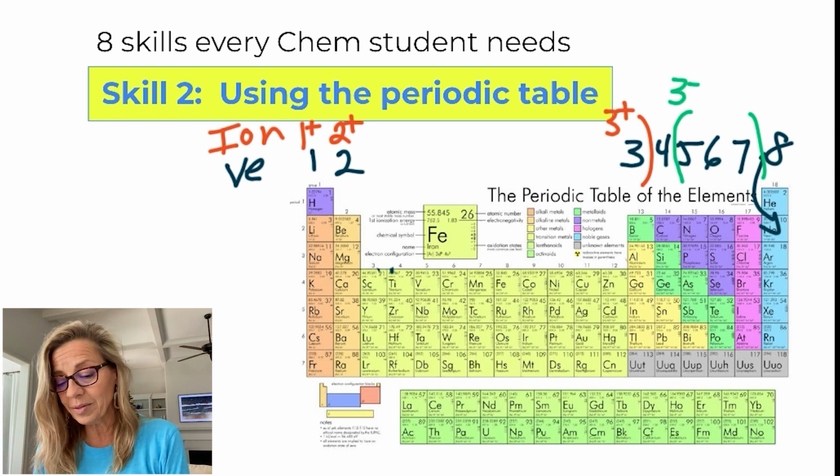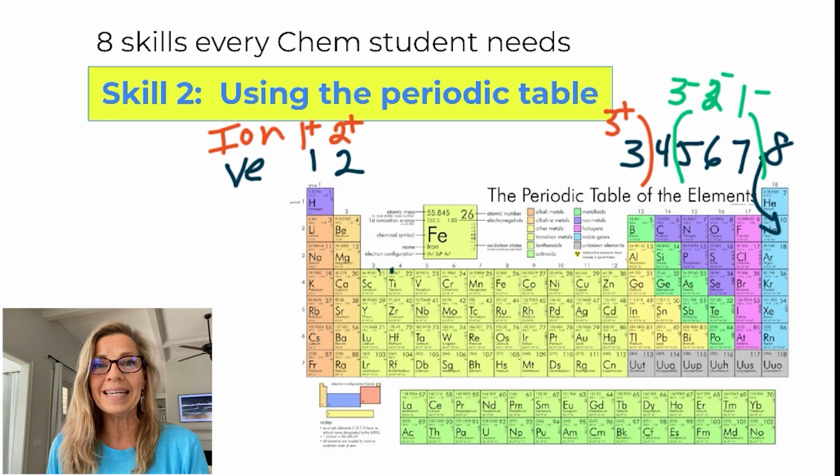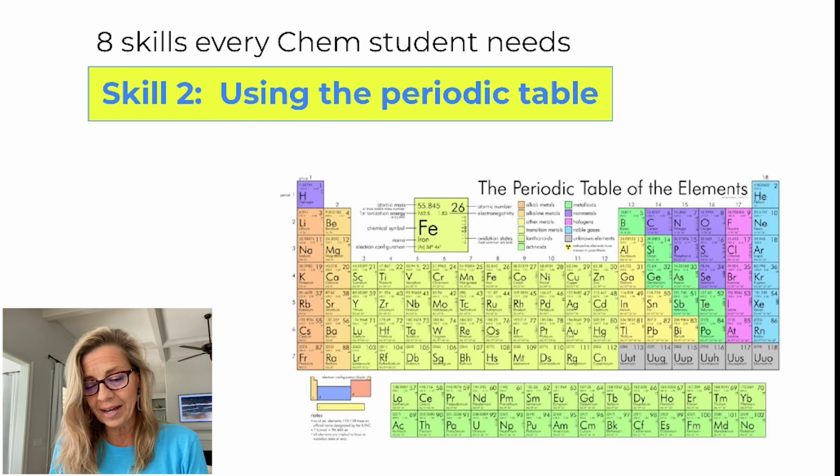And so these would be -3, -2, and -1 charged ions. So that is a really easy way to memorize the ion charge that certain elements would form. All right, then let's move on.